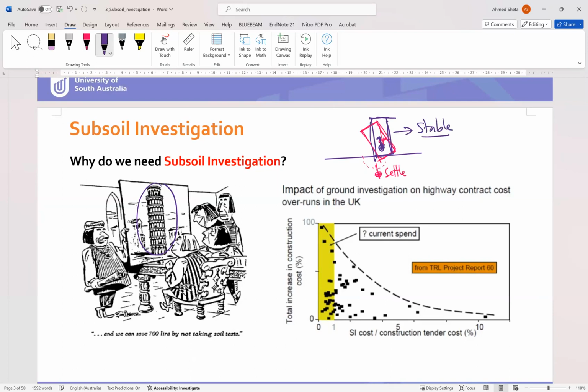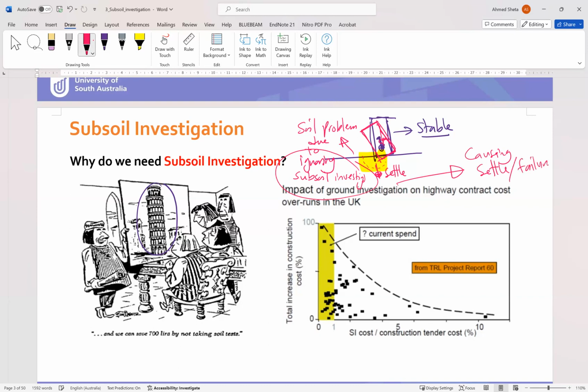Okay, so what was the problem here in this area? It was a soil problem, due to ignoring the subsoil investigation. If you ignore subsoil investigation, this will cause settlement of soil or even failure of the building and will be very costly.